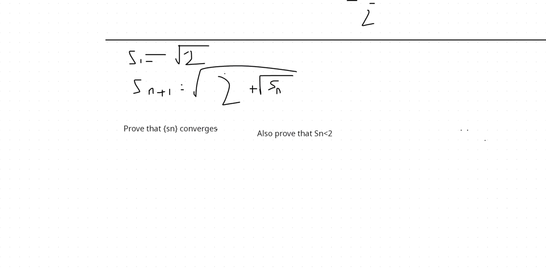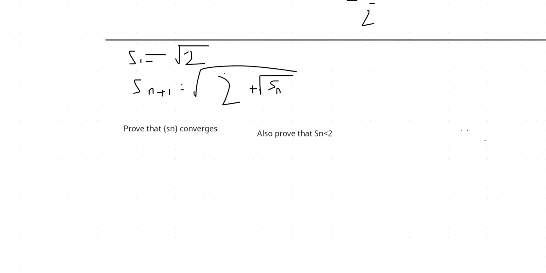For a sequence to converge, there are two things it needs to satisfy: it should be bounded above, and the sequence should be increasing. So we have proved that the sequence is increasing. Also, we have proved that the sequence is bounded above.